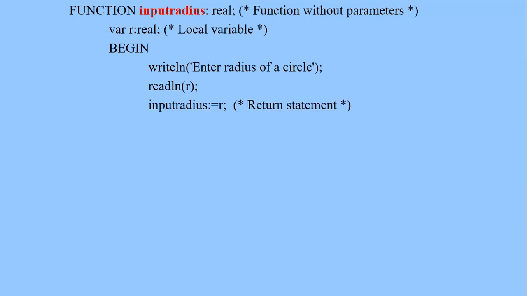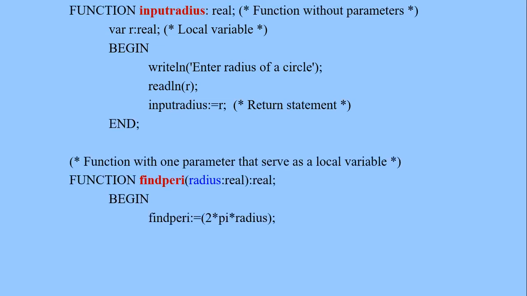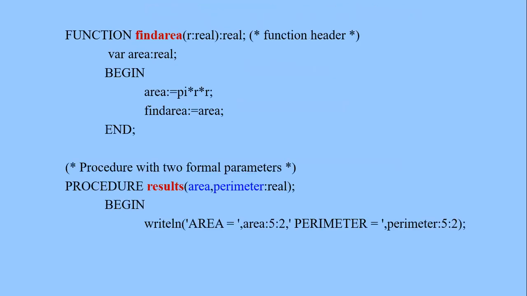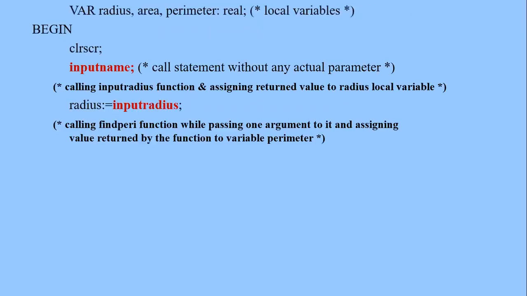That value will be returned back to the calling function. So the value in memory location called R will be picked and be returned back through this return statement, which represents the name of the function. So the function will end, and the control will be taken back to the calling program, and our calling program is the main program.